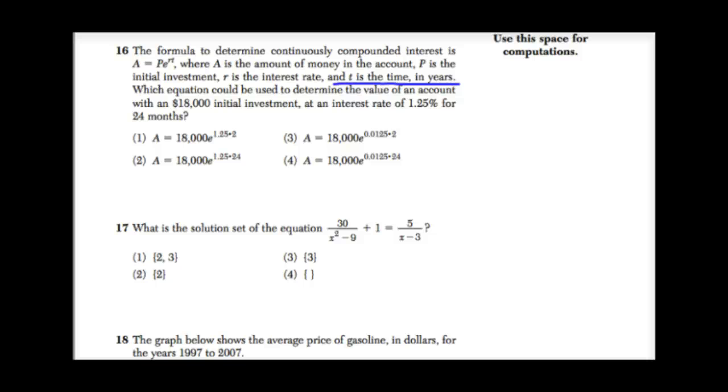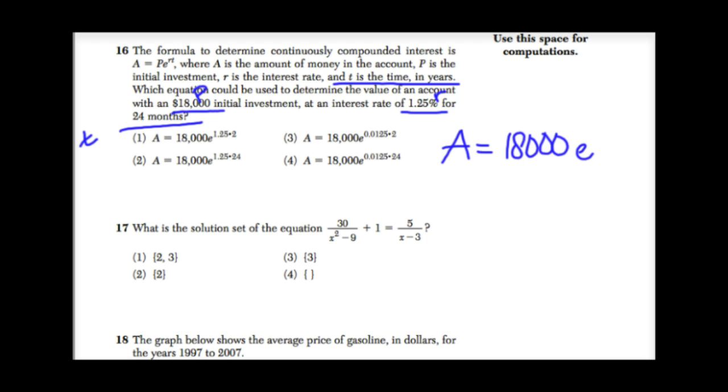Which equation can be used to determine the value of an account that has 18,000, so this will be my P, and an interest rate, which will be my R, and then this will be my T. So my P is actually 18,000 e.